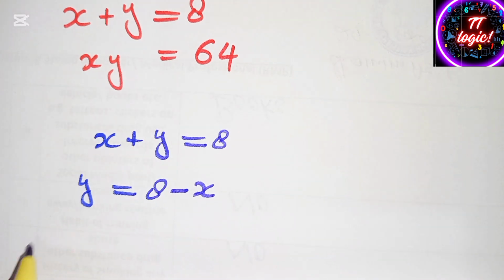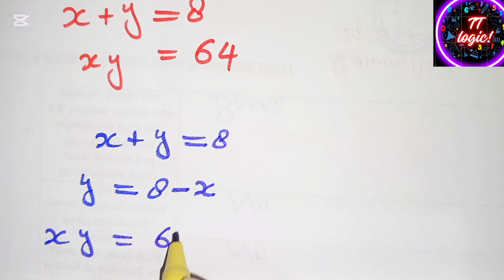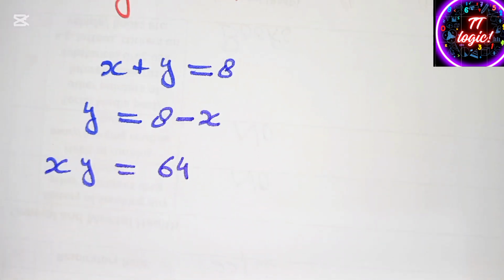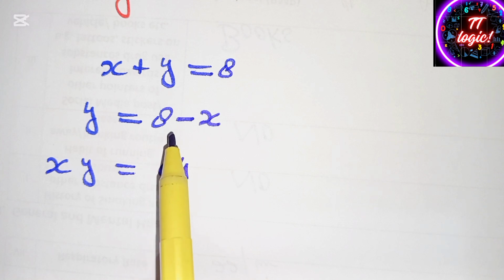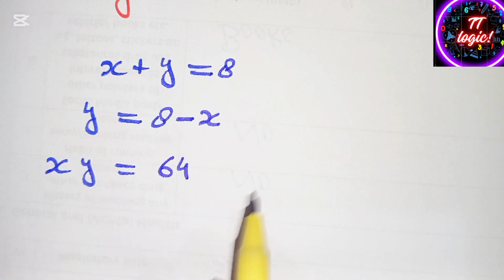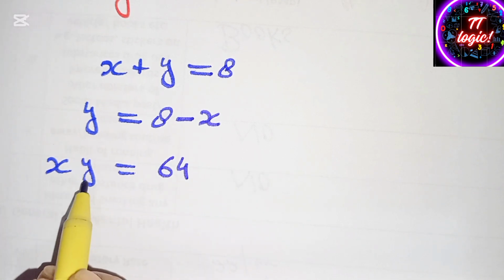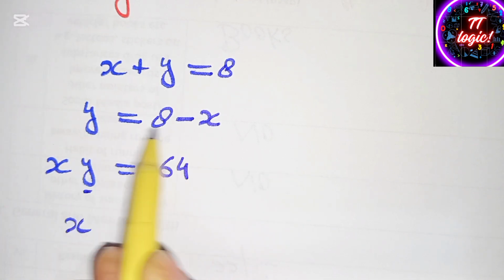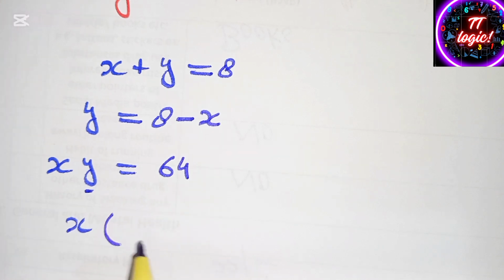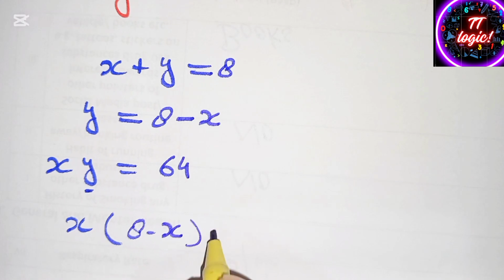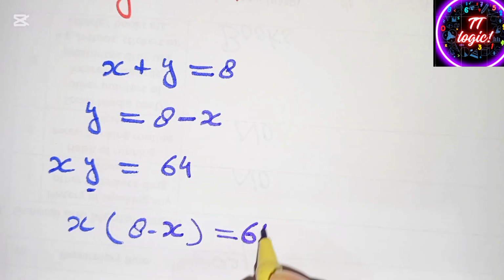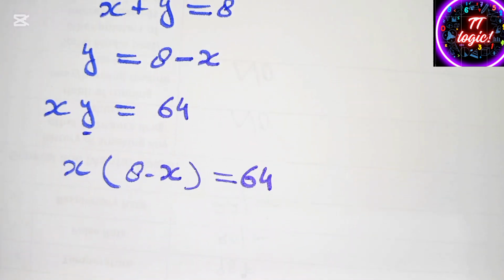Now xy is equal to 64, and here is the value of y. So we can write x, and here we put the value of y, 8 minus x, is equal to 64.